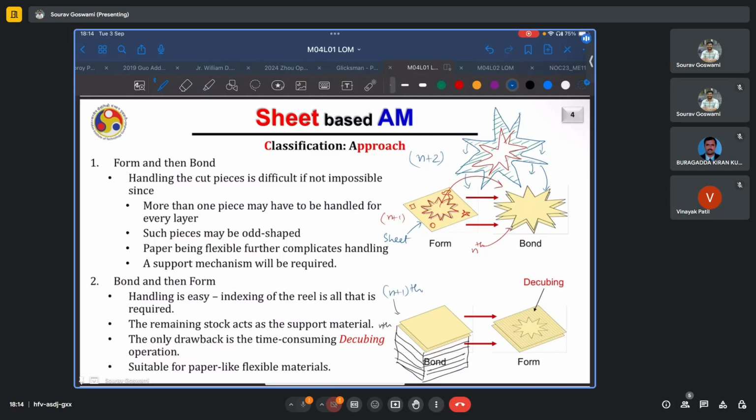We first bond it together via a suitable bonding mechanism such as a regular adhesive such as glue or a thermally activated glue or resin or some other means. And then once it is attached, you then form this contour that you have to machine out from this specific layer. And additionally, you must also scan what are called these grid lines for decubing, which allows for easier removal later on. We'll talk about this in detail.